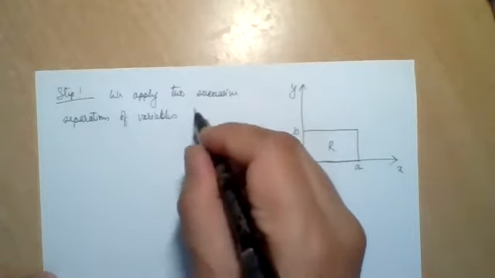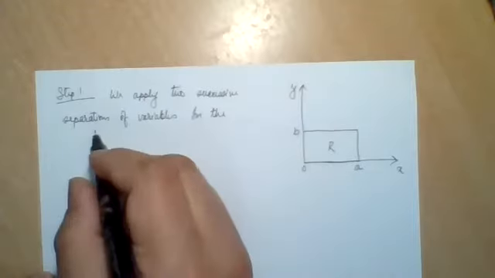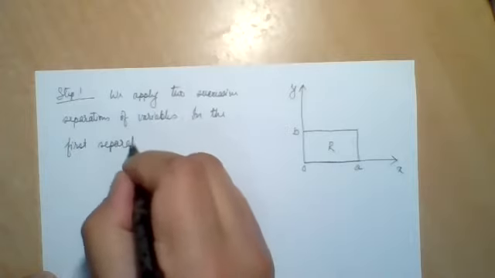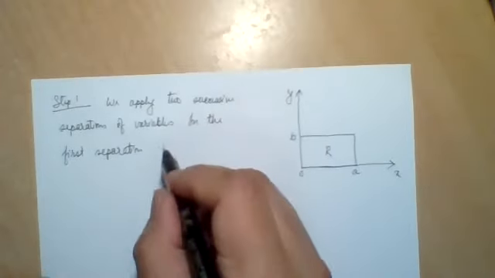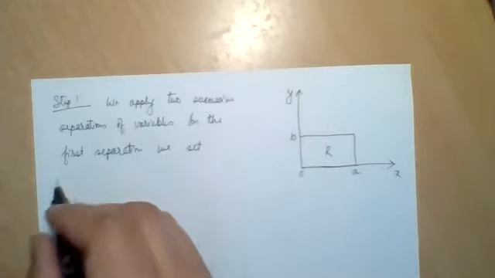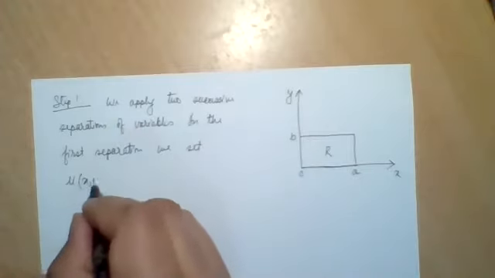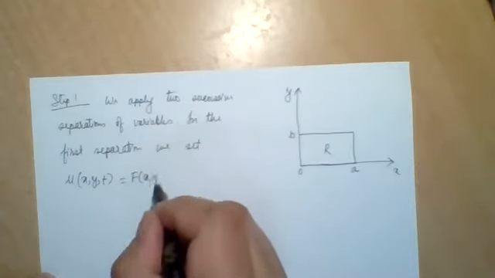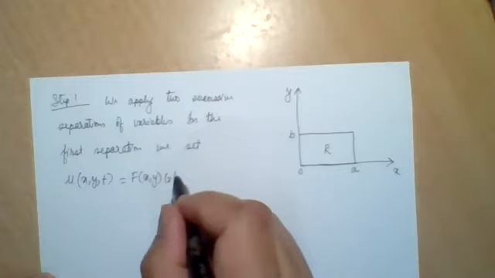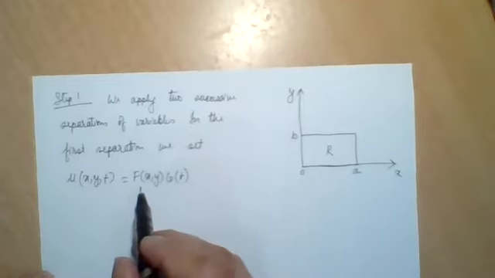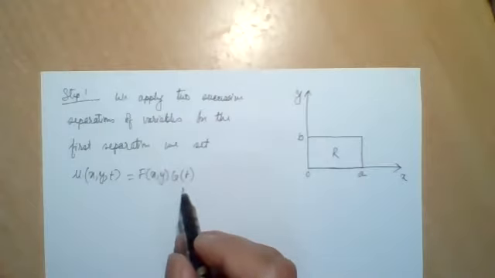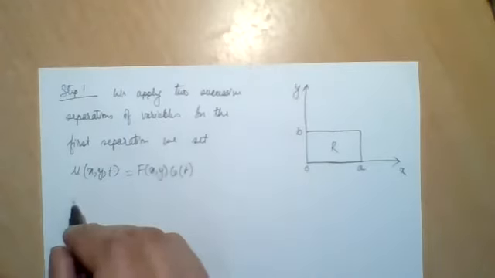So in the first separation, we set u(x, y, t) as f of x, y multiplied by g of t. So f is a function of position, that is, it depends on x and y, and g is a function of time.